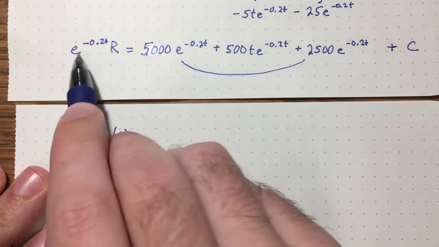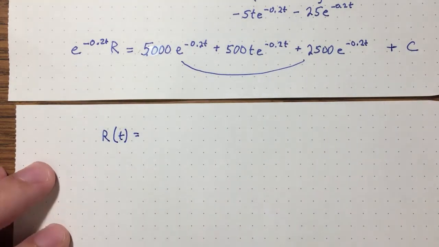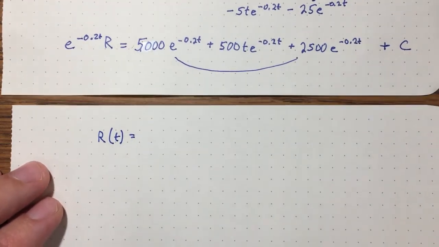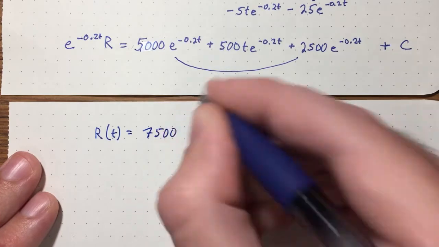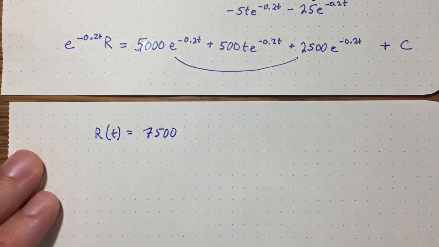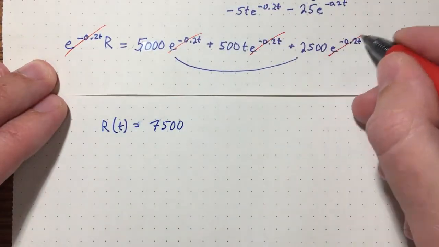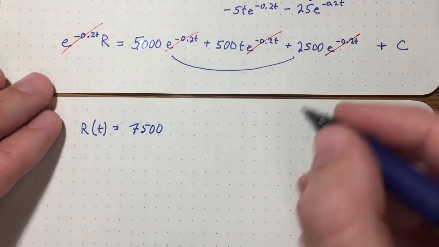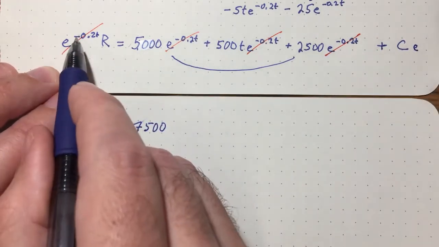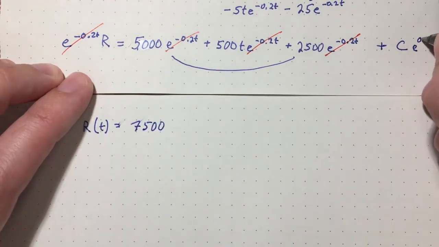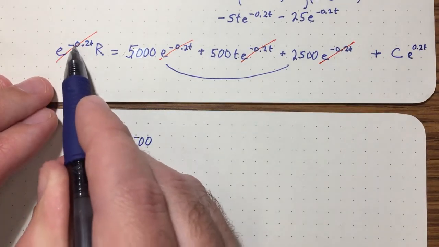okay, these are just going to cancel everywhere, except for this term. So that c is the key, actually. So we have 7,500, just going to be the constant, because these all go away. We're multiplying both sides by e to the positive 0.2t.